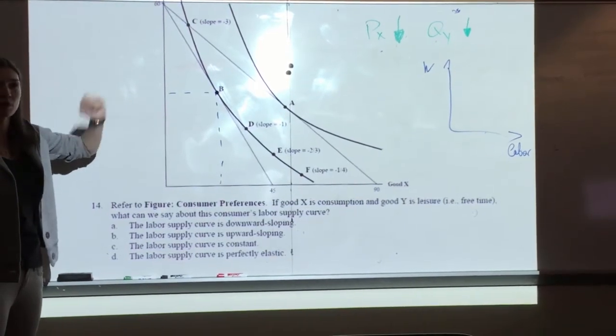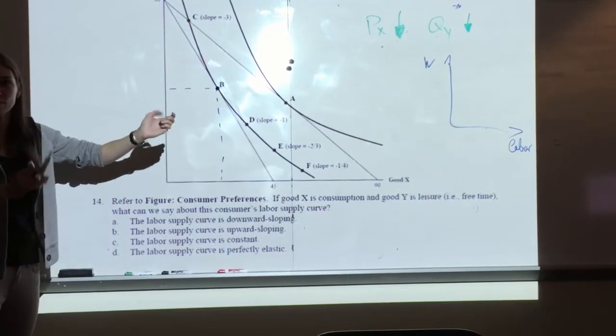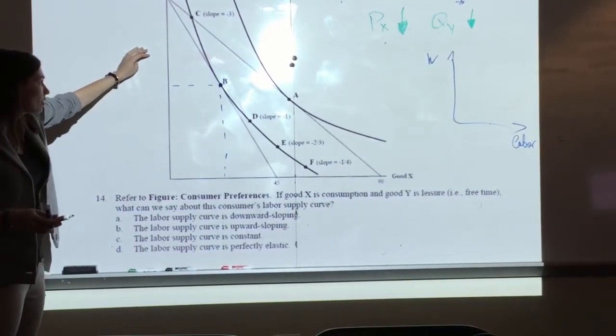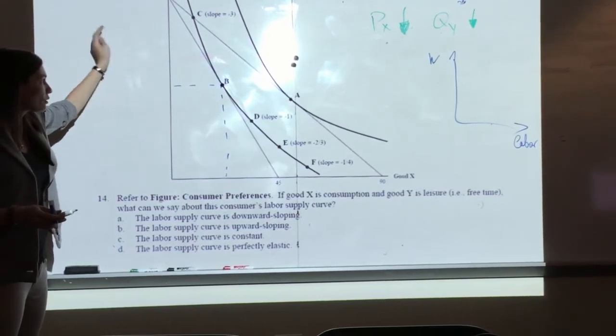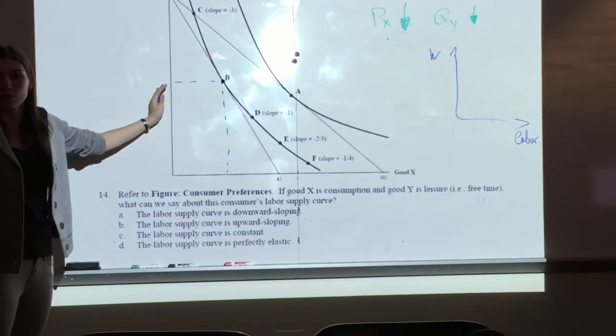So let's say you have 1 hour to work or to do whatever. Leisure is that 1 hour minus the amount of time that you work during that 1 hour.